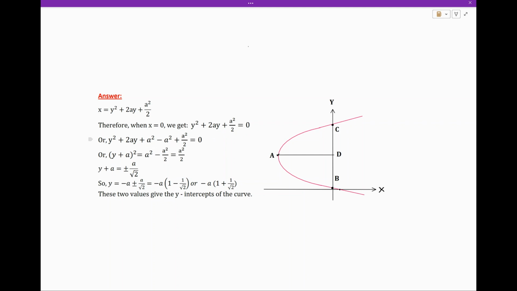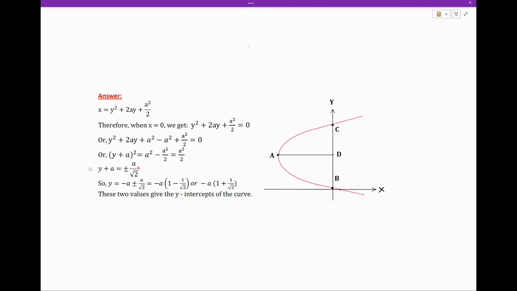We do that to make this term a full square, and the other two terms are only in terms of a. Therefore, we get (y plus a) whole squared is equal to a squared minus a squared by 2, and that is equal to a squared by 2.